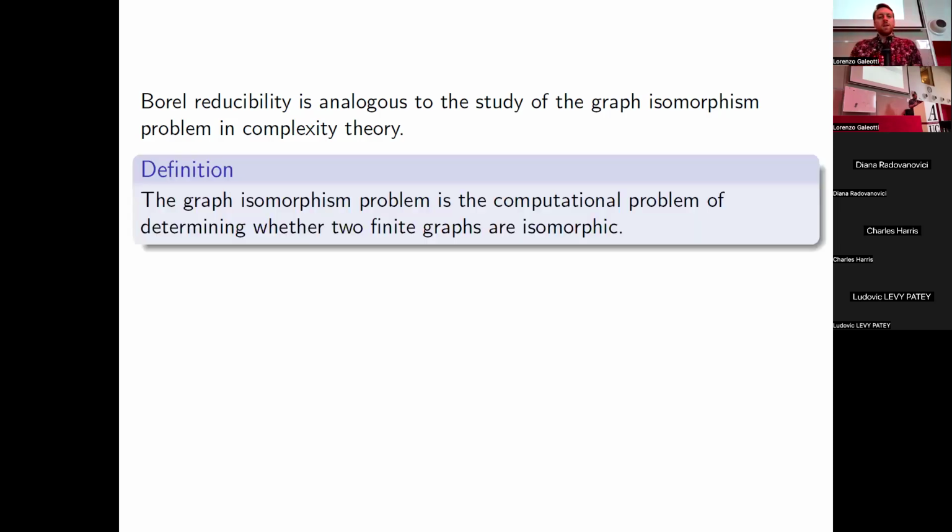What is that? It's a computational problem for finite graphs: given two finite graphs, are they isomorphic? So it really is the same as the isomorphism problem we just talked about, but for finite structures rather than countable structures.